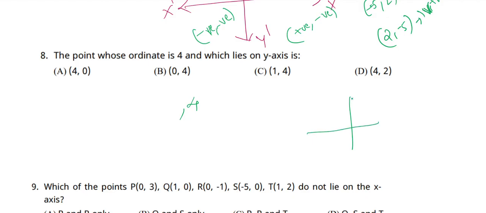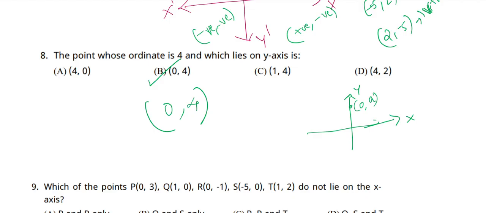You know that a point lying on the y-axis is of the form (0, any number): the x coordinate will be 0 and the y coordinate can be any number. So the answer is (0, 4). And (4, 0) won't work, because (4, 0) is a point on the x-axis. So (0, 4) is the correct option.